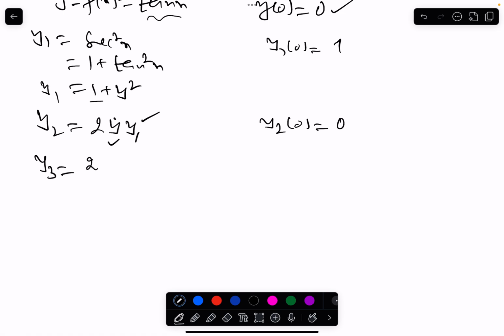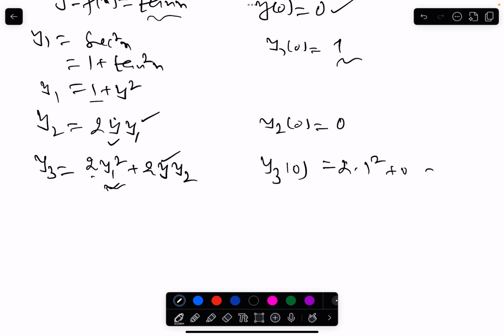So 2 times the derivative of y, which is y1, gives y1 square, plus 2y and y2. Now y3 at 0: so 2 y1 square, and y1 at 0 is 1, so that is square. And y at 0 is 0, so the second term is 0. So that is 2.